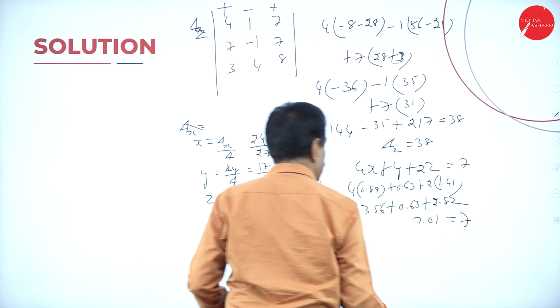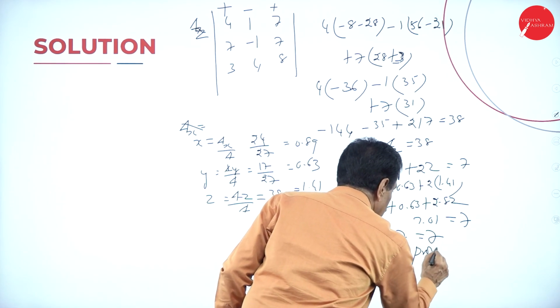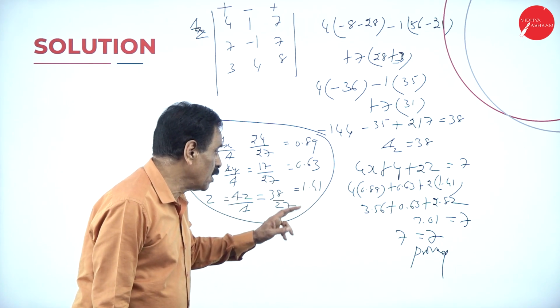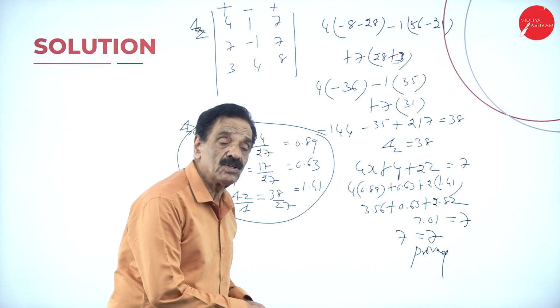So, 7 is equal to 7, proved. The fractions have come for x and y the same. When you solve it, you get 7.01 is equal to 7, proved. LHS is equal to RHS.